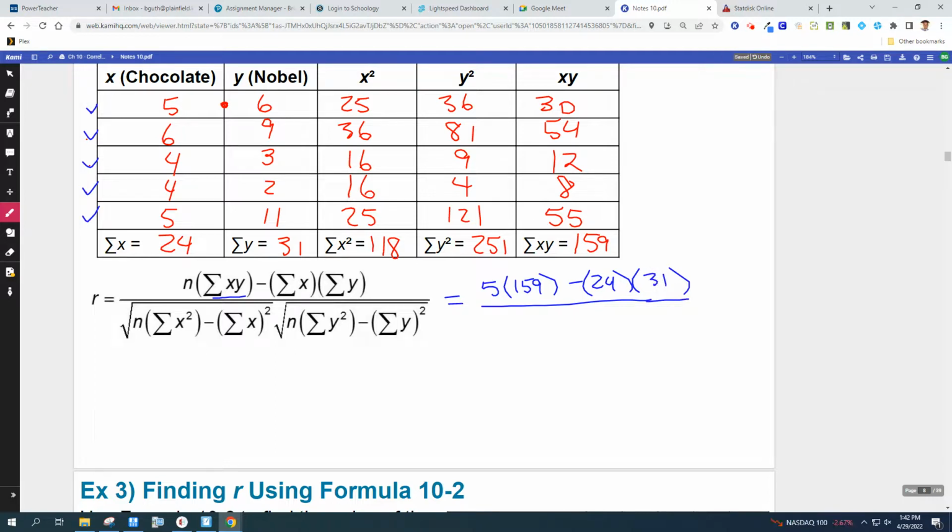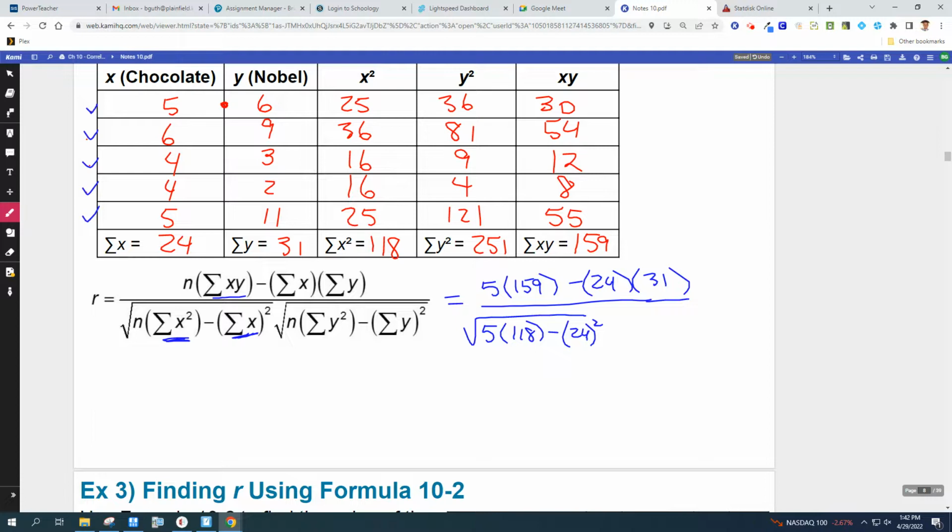And then on the bottom, we've got a square root of n is 5, and sigma x squared is 118 minus, notice the difference, this is the sum of x squared. That's going to be 24 squared. Notice the difference. One of them is sigma x squared.